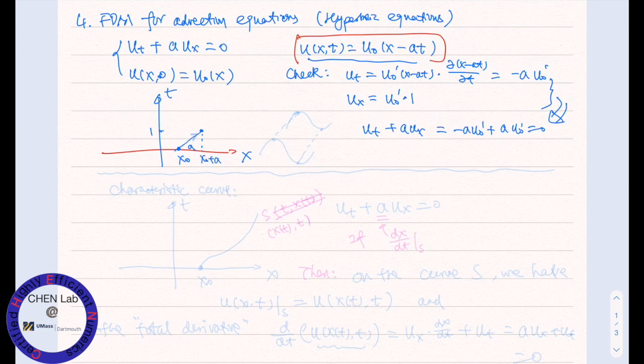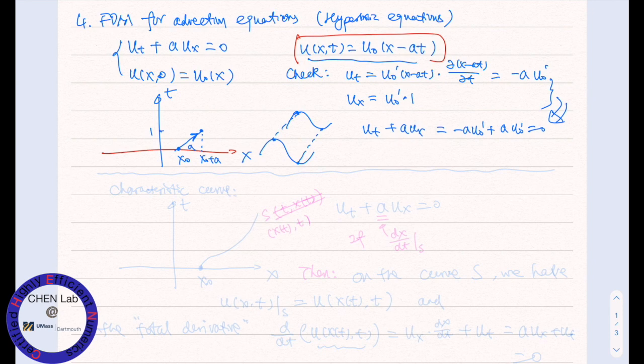The function is traveling along this direction. If you have a sine wave, it will travel to the right. Every time unit it travels a distance of a. The same shape keeps traveling to the right.